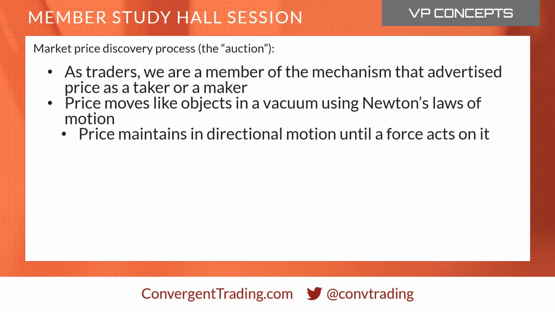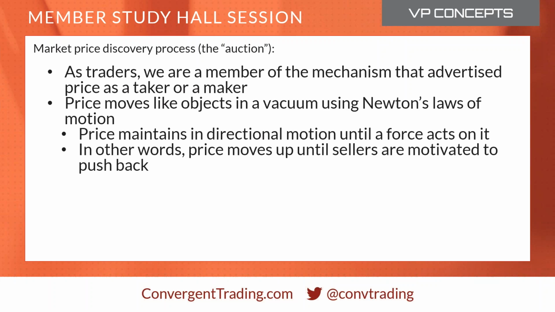But if that force doesn't come in, you have essentially these big sell-offs because the buyers are not willing to step in. That force is missing. So it's like Newton's first law of motion, where objects in a vacuum continue in their direction until a force is applied to them.